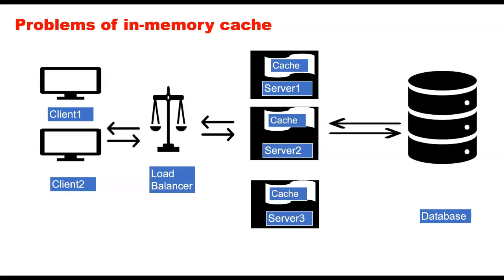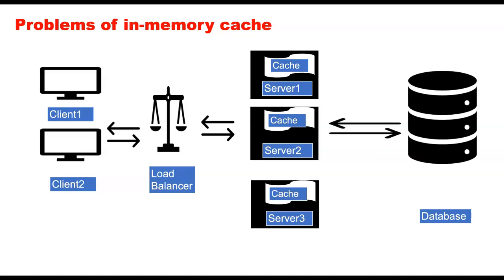and send it back to client 1. Now client 2 comes and asks for the same information which client 1 requested earlier. Now the load balancer directs client 2's request to server 2 instead of server 1.